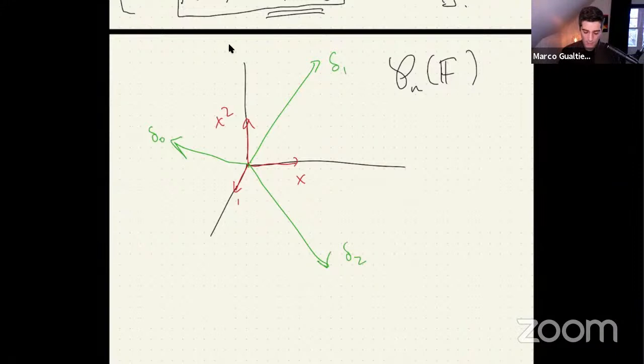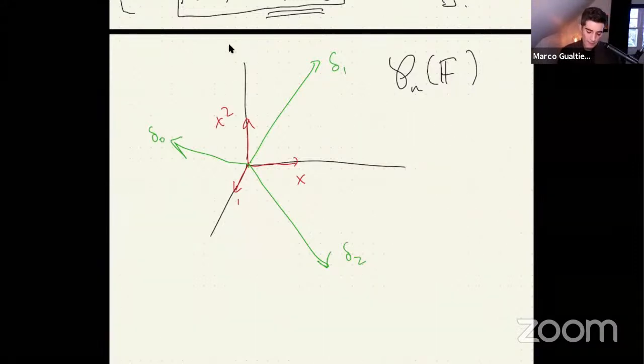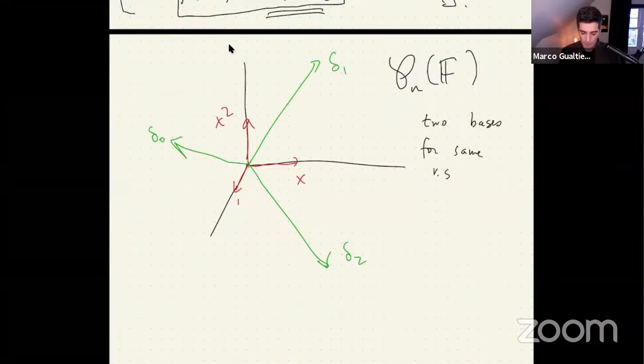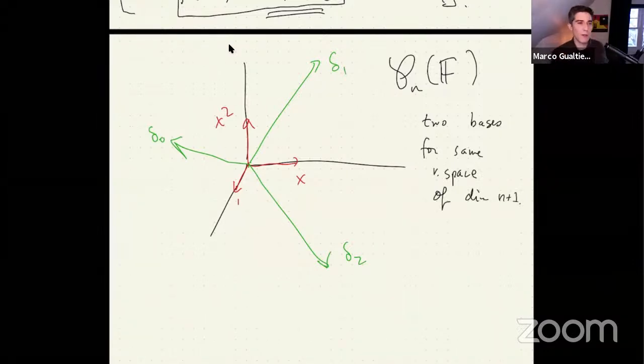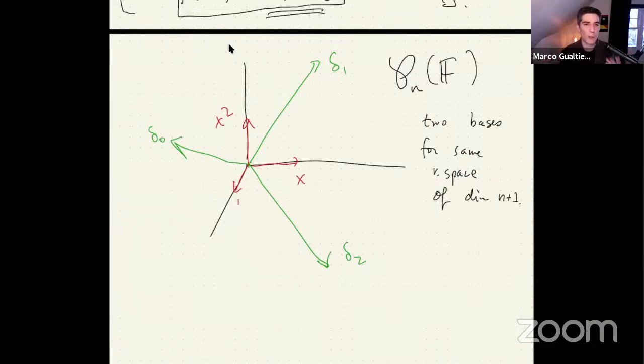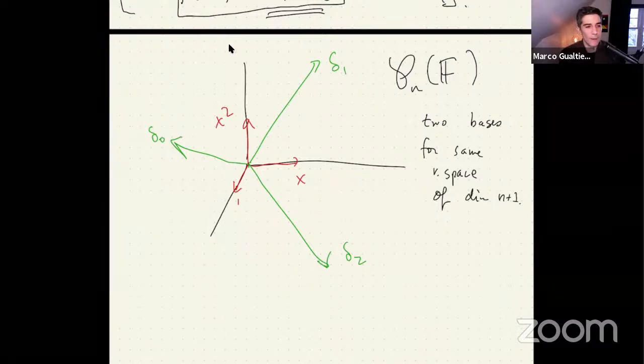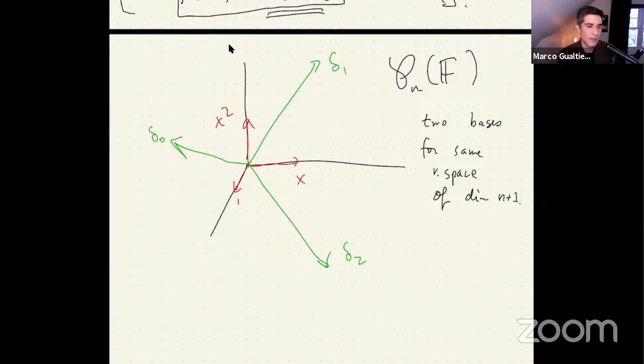We now have two different bases for the same vector space of dimension n plus 1. And this is basically the simplest vector space that you would use in order to model data when you have a certain number of data points.